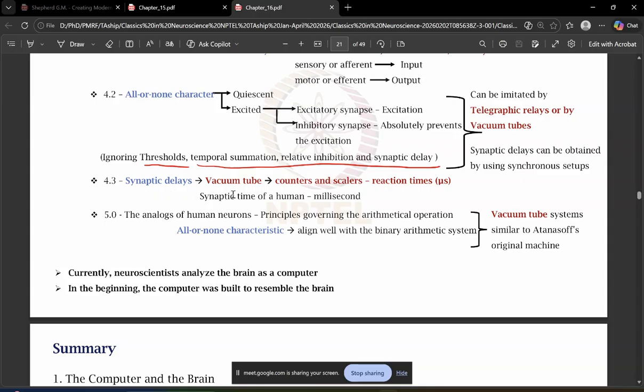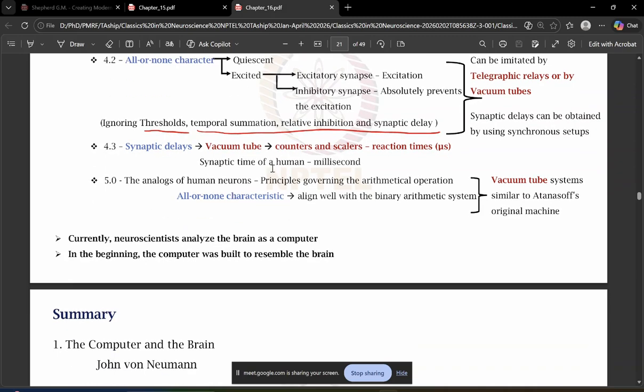He also advised the use of vacuum tubes, similar to the way a neuron works, and said that the reaction time of the tubes will be in the order of microseconds, whereas the synaptic delay time in humans is in the order of milliseconds.